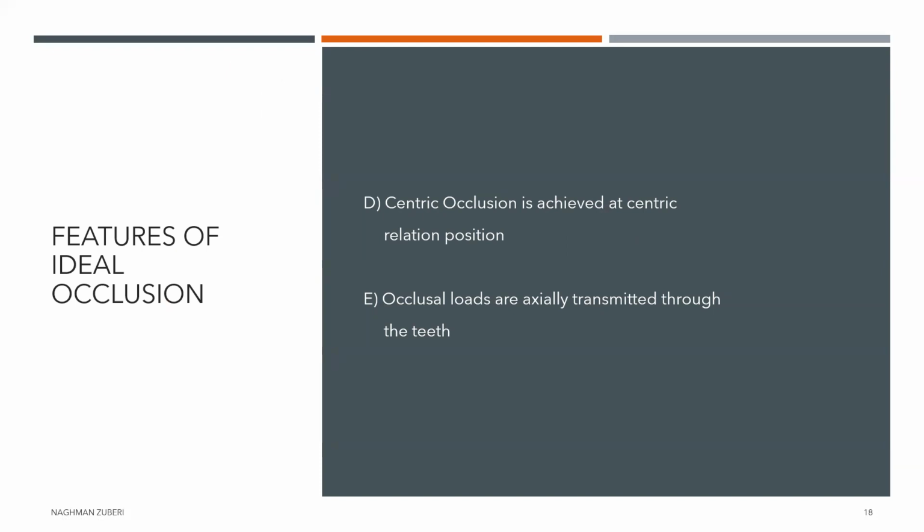No more freeway space. Occlusal loads are axially transmitted through the teeth, meaning whatever forces come from different angles, they all will be resolved in a resultant vector and axially transmitted along the long axis of the tooth.